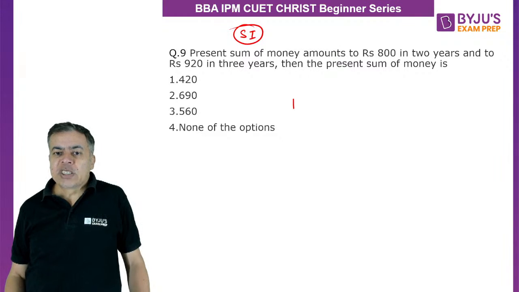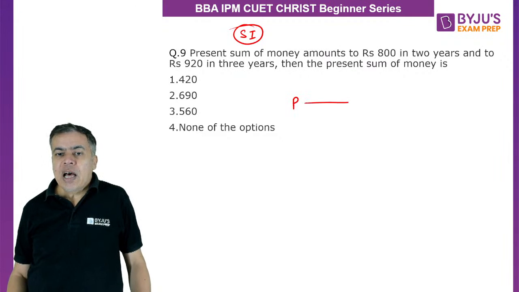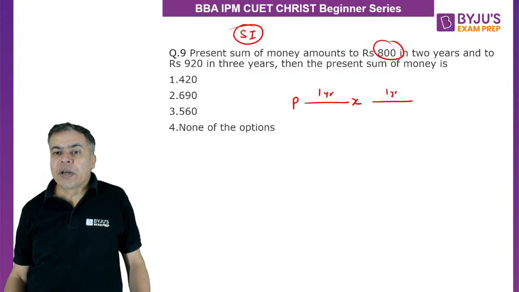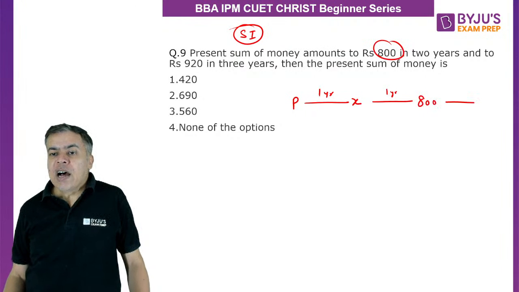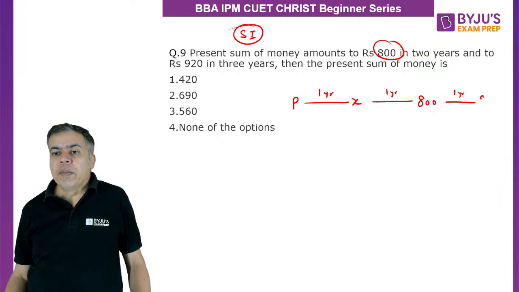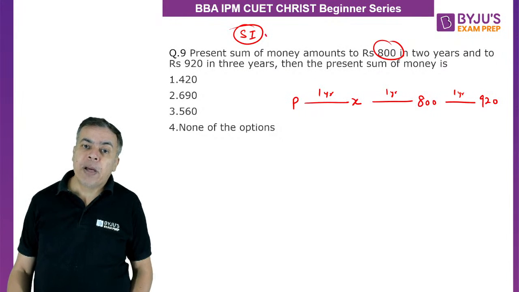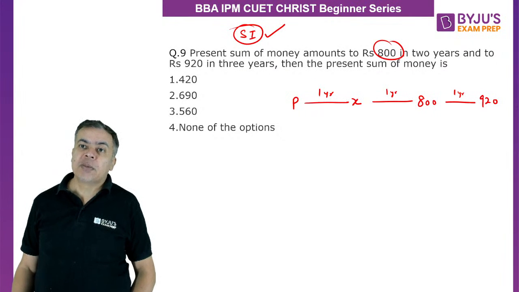So some principal is there. After 1 year, it becomes X. After 1 more year, so it is 2 years now, it will become 800. After 1 more year, it will become 920. But you know that in case of simple interest, every year the interest must be the same.